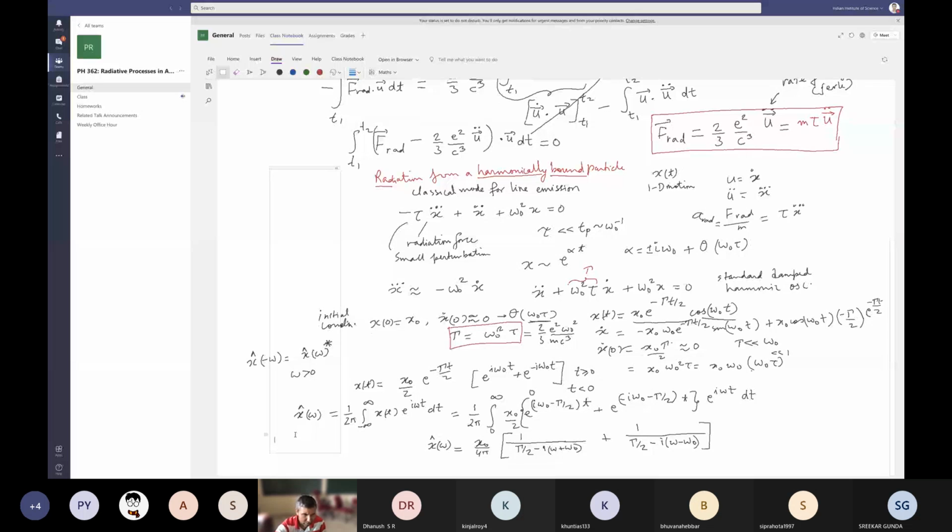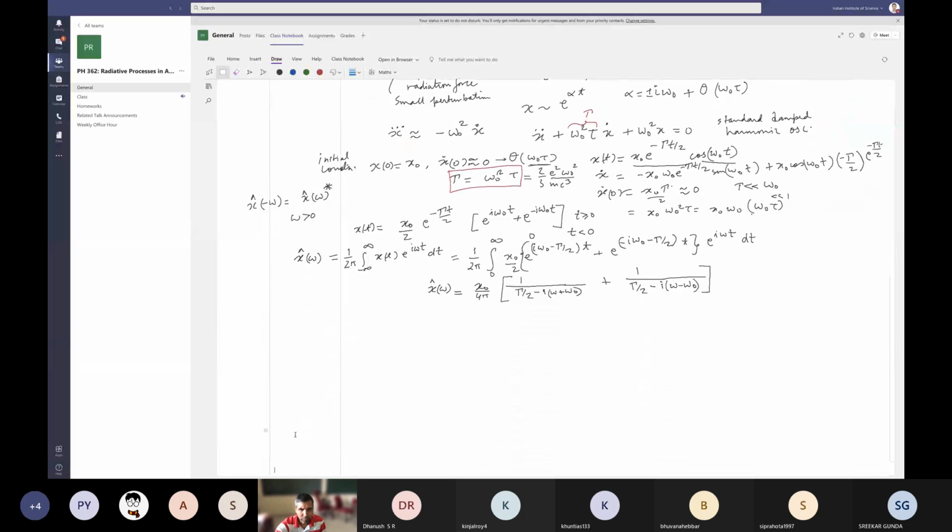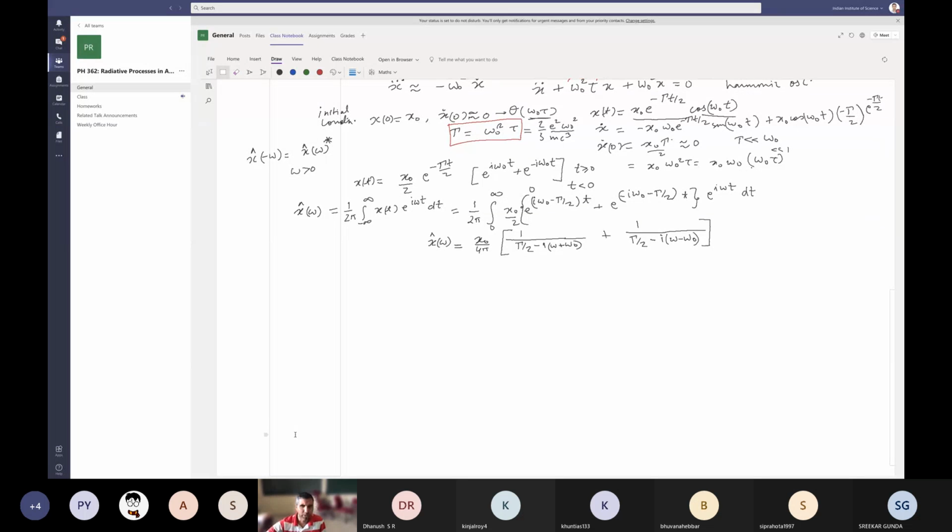Let me create a little more space. Okay, good. But as I said, this is the standard natural oscillations of a damped harmonic oscillator, and we know that the amplitude is quite high close to omega equals omega naught, and we are actually considering positive frequencies.